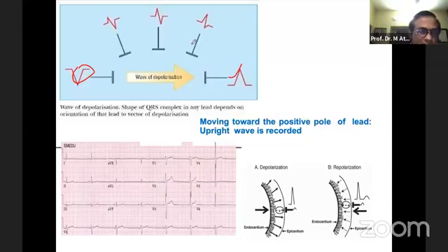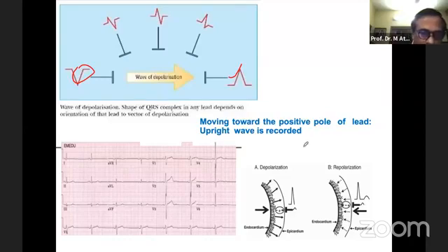So there will be variation in the shape, height and amplitude of the different components of the ECG depending on the position of the electrodes in relation to the direction of the resultant force. This is a very important idea to explain why the ECGs are different in different leads. Here we can see lead 1, lead 2, lead 3, AVR, AVL. The shapes are not uniform because of this nature.